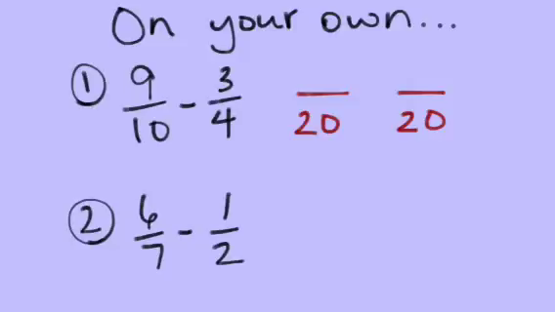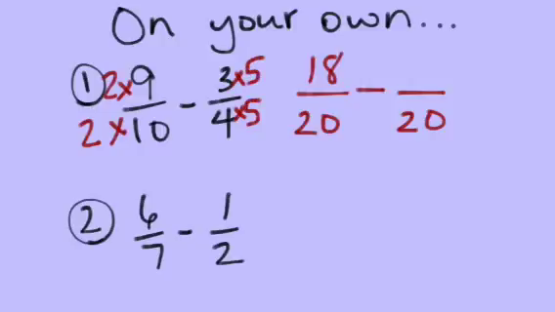Let's come over here. I know I need to make them both 20ths. I'm going to start with 9/10. I have to multiply each of those by 2 to make that into a 20th. And over here, I would multiply those by 5. Notice, same on top and bottom, numerator and denominator. Now I subtract across.